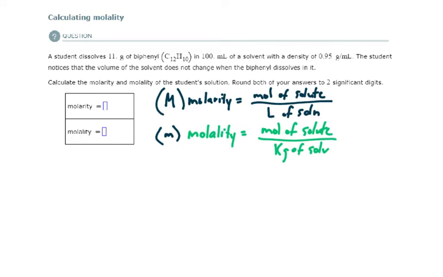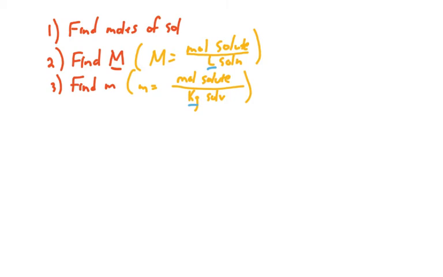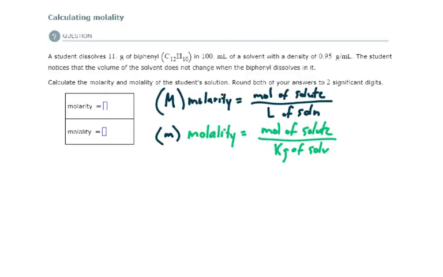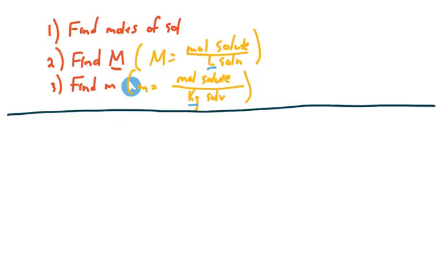Okay? Alright, so step one says, first thing we need to do is find the number of moles of the solute. You can see why. Moles of solute is here in the numerator for molarity, and it is also there for molality. So it's something that we need, right? If these are the equations we're using, we need to first find this.